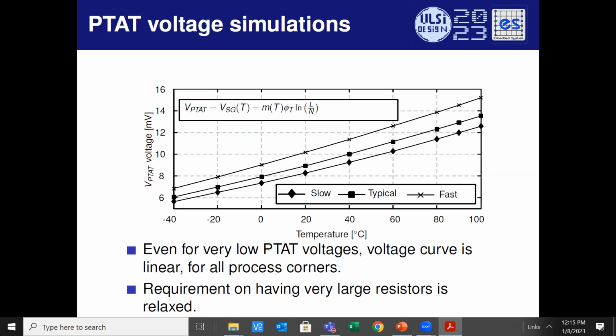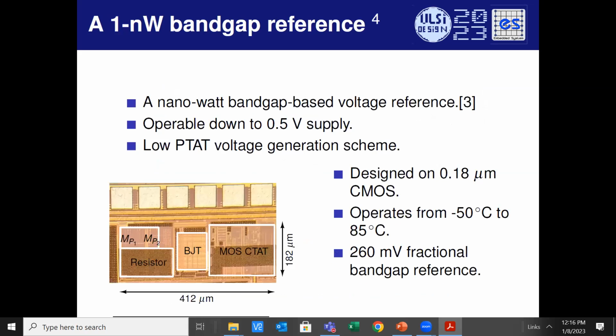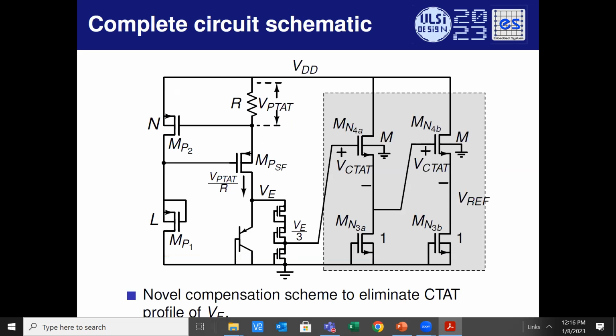So with this particular PTAT core, it's a very low current PTAT core. You can use this and add it to the CTAT BJT VBE and develop a band gap.